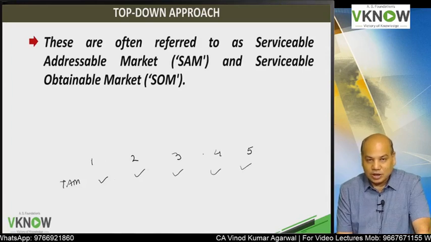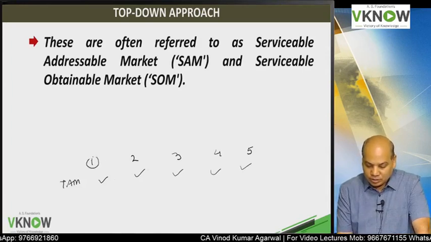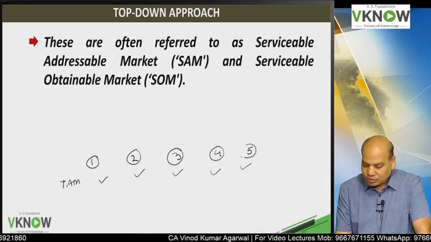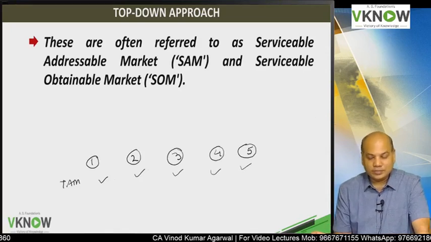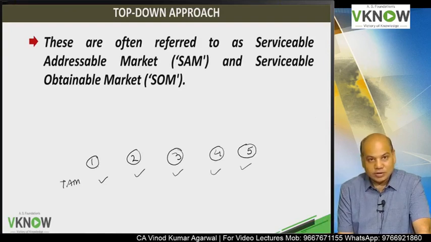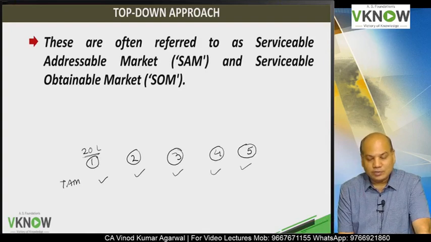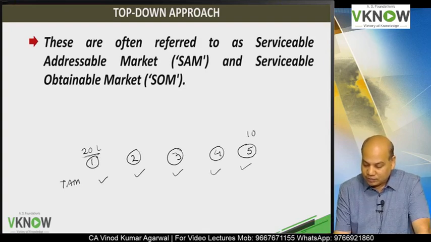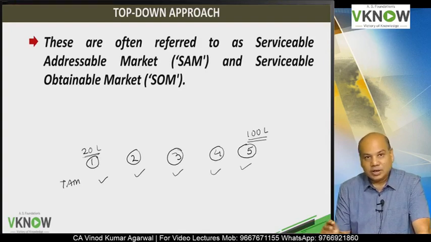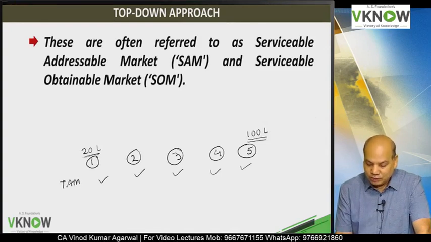Certain industries will keep on growing. The number of people watching online videos is growing like anything. Maybe in the first year 20 lakh people were using online video. After 5 years they believe 100 lakh people will use online videos.